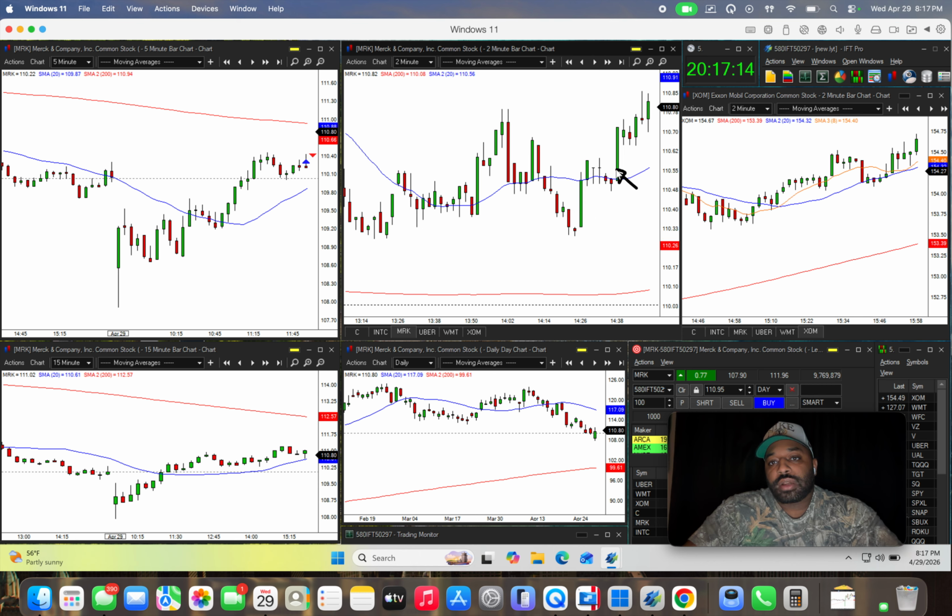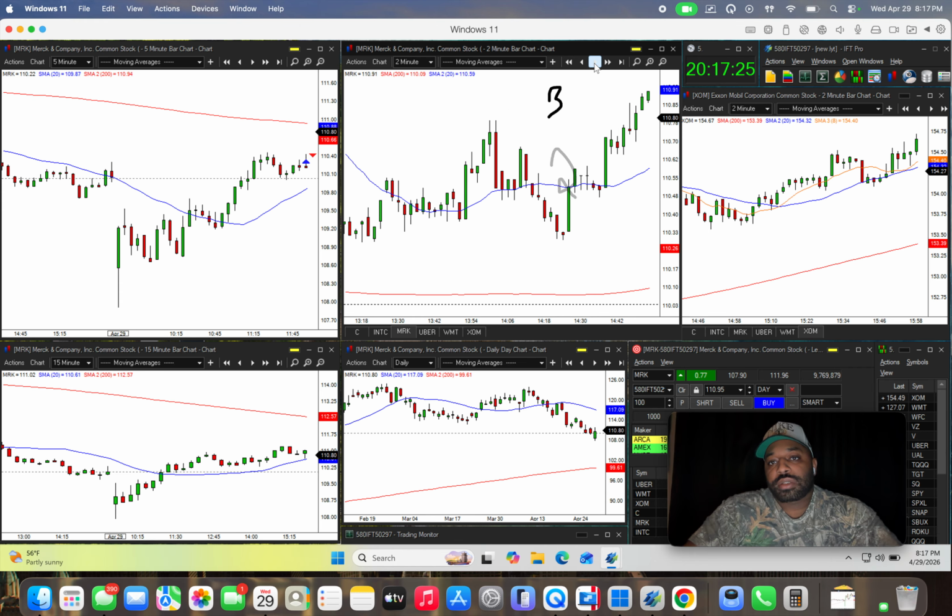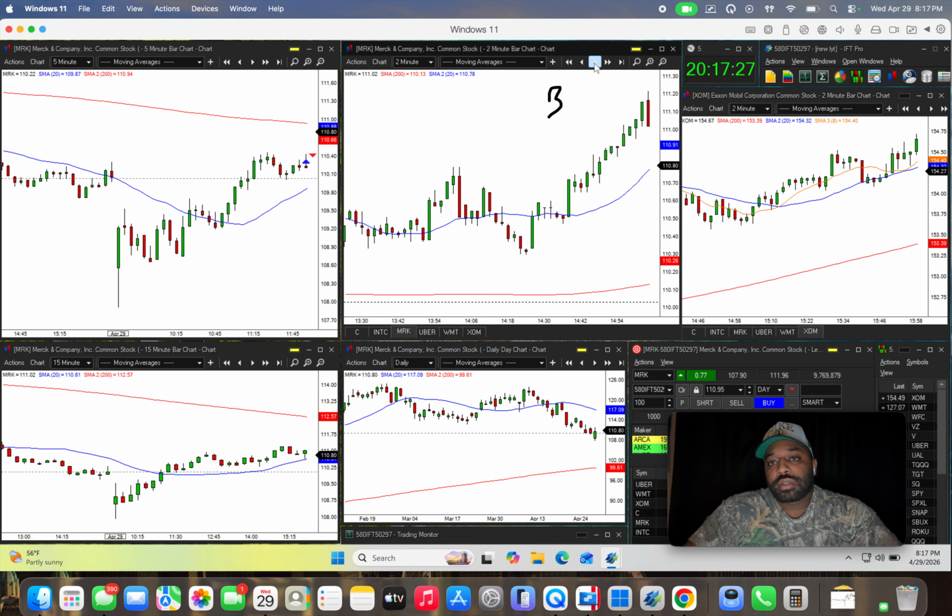Buy in here off the 20. It may be position 1, position 2. So position 3, maybe not expect so much. I'm probably getting out here.